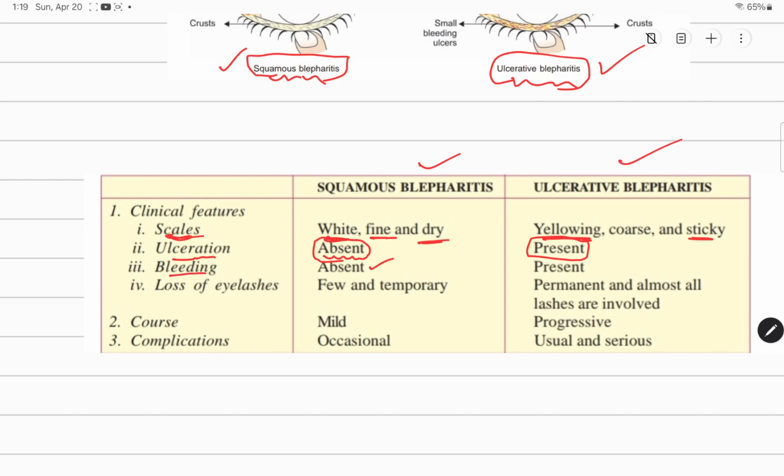Bleeding is absent in squamous, and present in ulcerative if you try to remove these. Loss of eyelashes is temporary and few in squamous, but in ulcerative the loss is permanent and almost all. Squamous is mild and non-progressive; its complications are occasional, whereas in ulcerative complications are usual and also very serious.